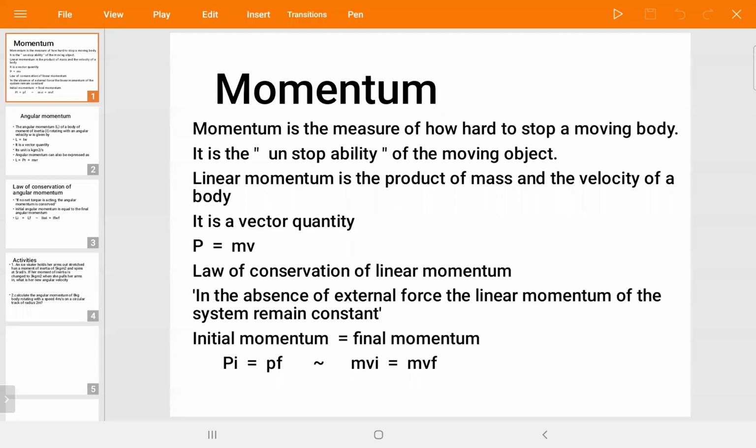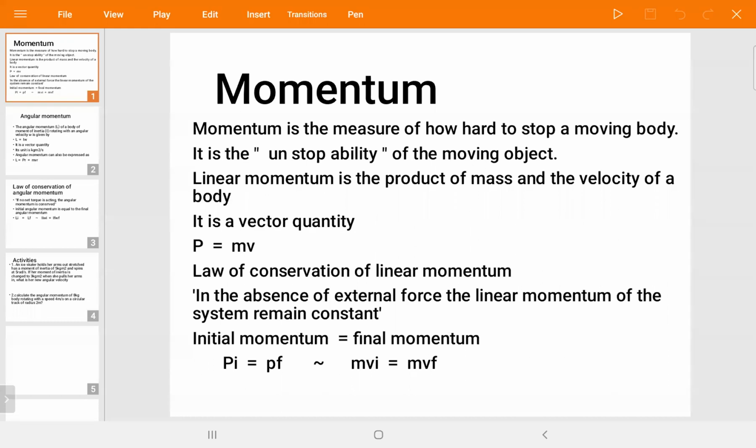If it remains constant, which means the initial momentum and the final momentum remain the same, then we can say that the momentum is conserved because there is no change in its magnitude. This condition is called the law of conservation of linear momentum.